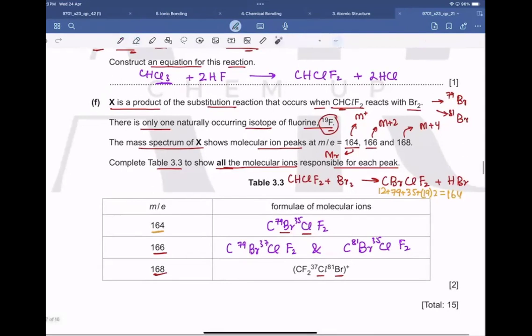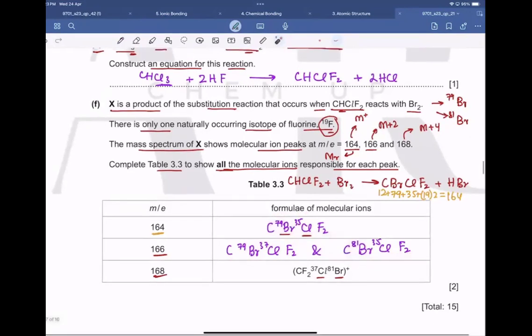In this case, when I compare these two, I just increase its mass by 2, so obviously it is going to be 166. Keep all the masses same. And when we did these, I kept this one same and I increased the mass of bromine by 2 units. You have to remember what we have studied in mass spectroscopy, that bromine has two isotopes.